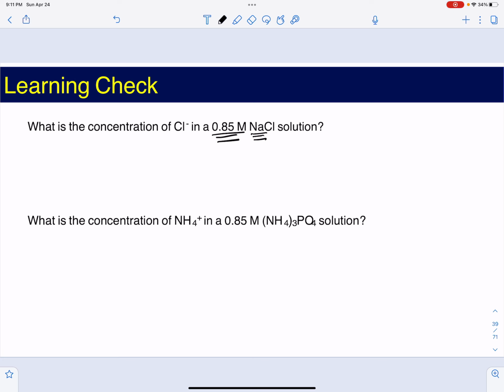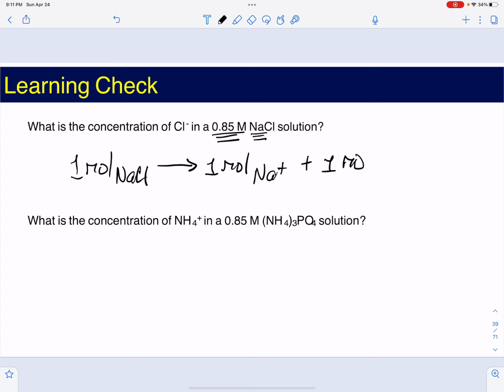Well, let's put it this way. If I have 1 mole of NaCl, when that breaks into the ions, that's going to be 1 mole of Na plus and 1 mole of Cl negative.